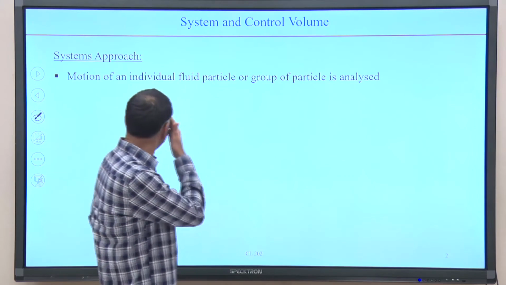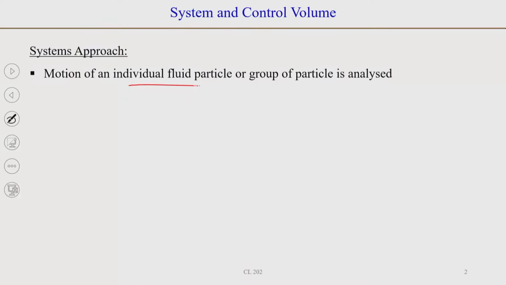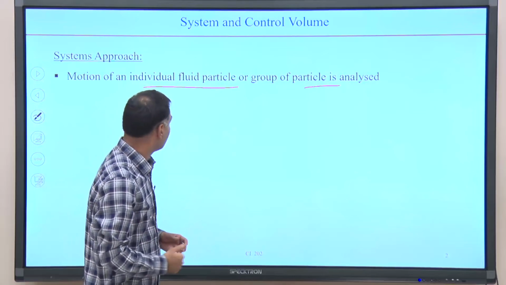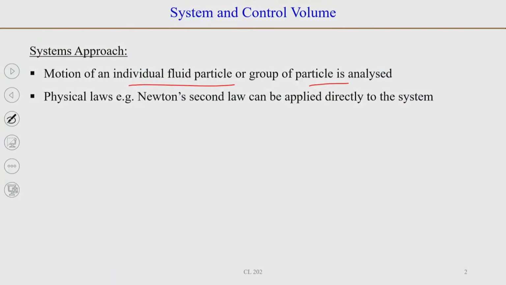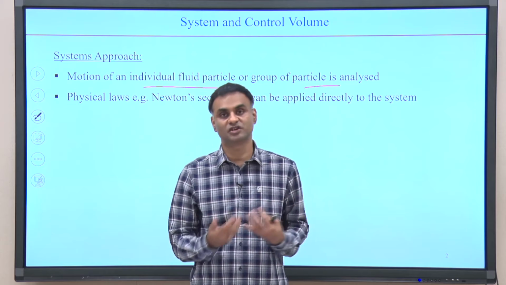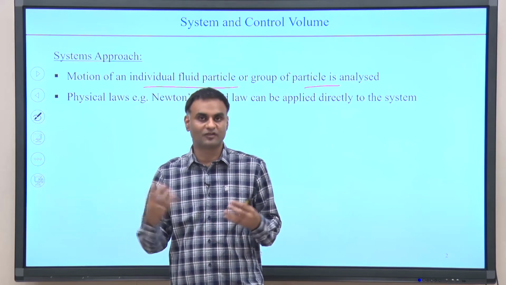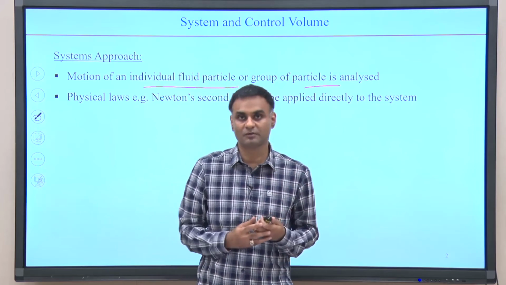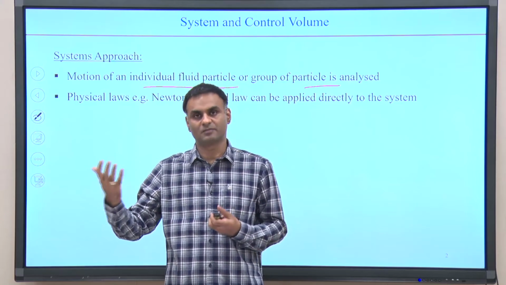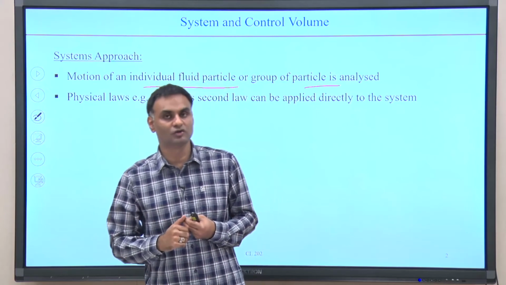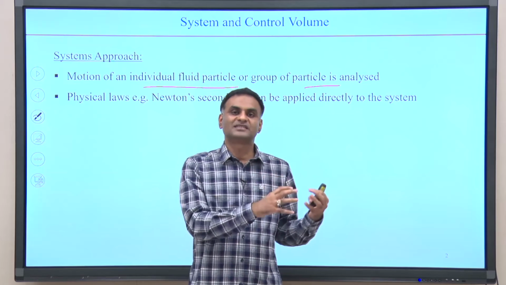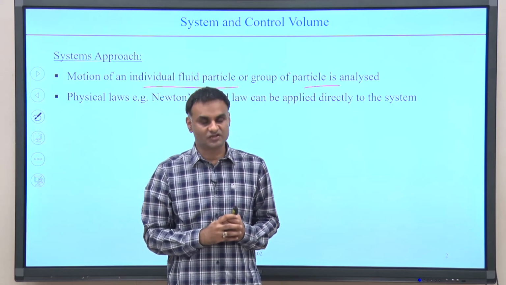The system can be an individual fluid particle or a group of particles, and that is what we analyze when we talk about Lagrangian motion. Most of the laws that we use, because that is what we have been using for rigid body analysis, are for a system: we take a car, an aeroplane, or for example a balloon, which is a deformable body, or a piston cylinder system. There again we have a change in the volume, but the mass inside the system is fixed.